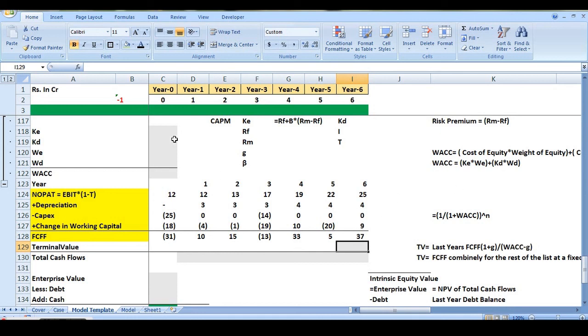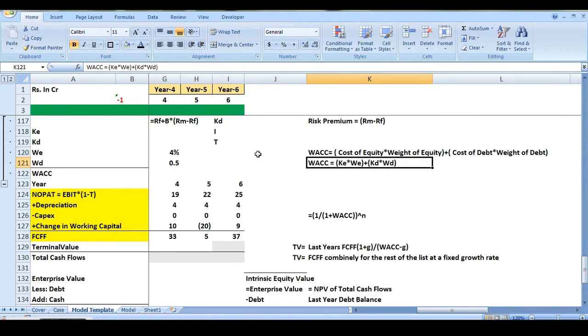Now a few of these values we have to calculate, and a few of the values are already given to us. For example, growth rate is already given to us as 4%. Beta is given to us as 0.50, and WACC is not given to us, so we need to calculate WACC. Now WACC calculation requires calculation of cost of equity and cost of debt, and based on that we will be calculating the WACC.